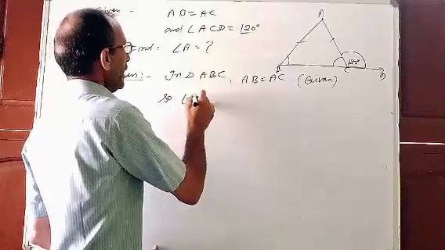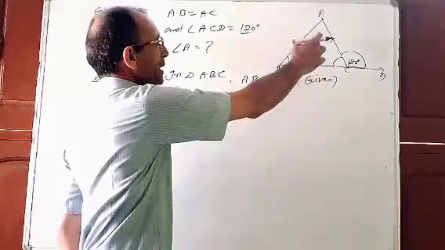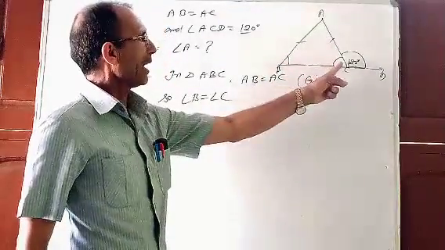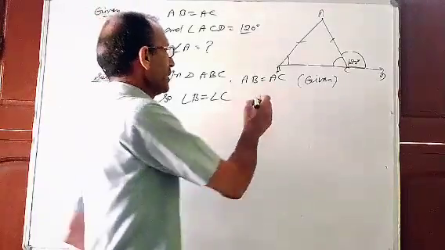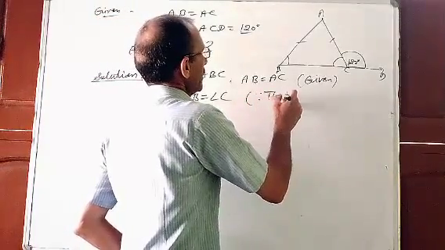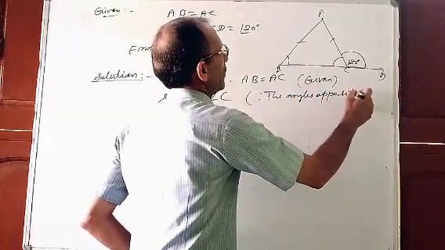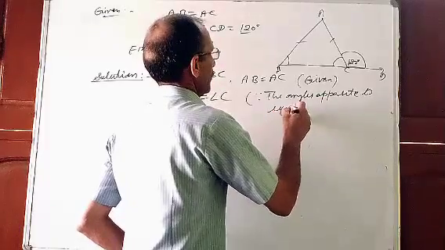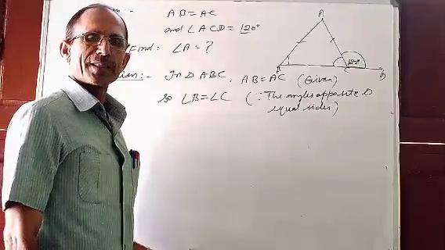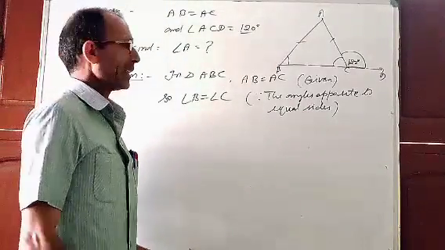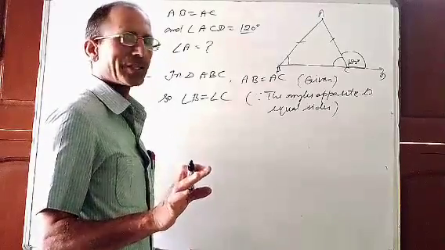So angle B is equal to angle C. The opposite angle of AC is B, and the opposite angle of AB is C. The reason we have to give is that the angles opposite to equal sides are equal. Any doubt, any confusion? So we proved angle B is equal to angle C.